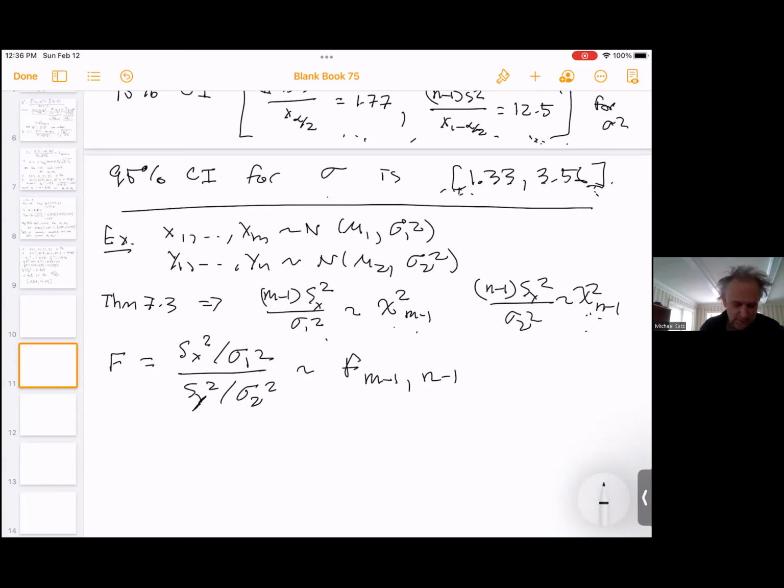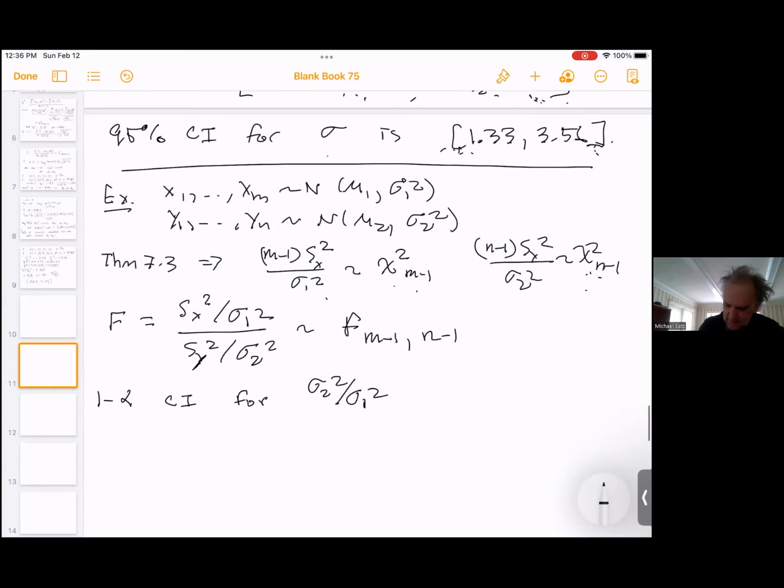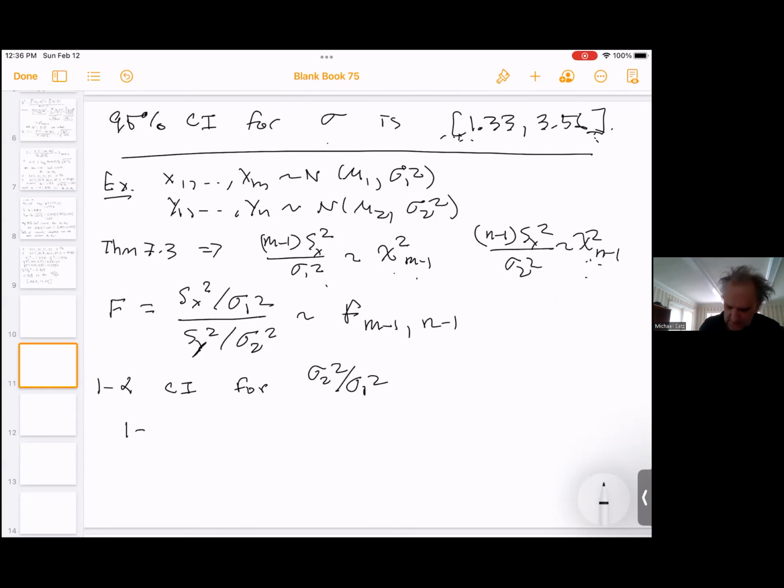So say I want a 1 minus alpha CI for, let's say, sigma 2 squared over sigma 1 squared. I see that this will come up into the numerator here. Again, F is not symmetrically positioned on the axis.